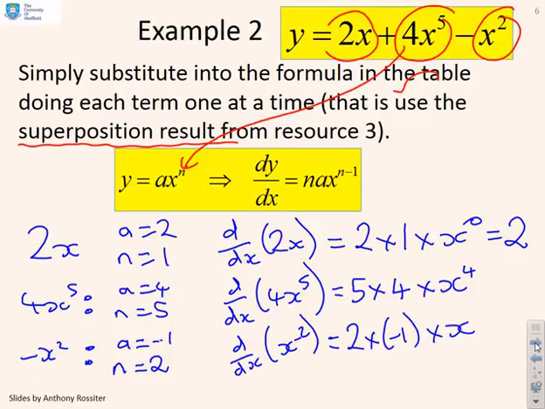And then finally, using the superposition result, we just add them all together. So dy dx must be 2 plus 20x to the 4 minus 2x.